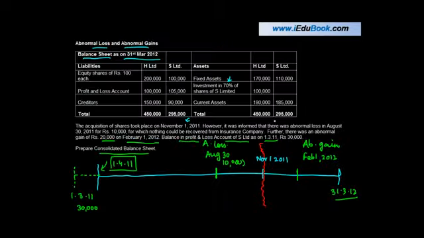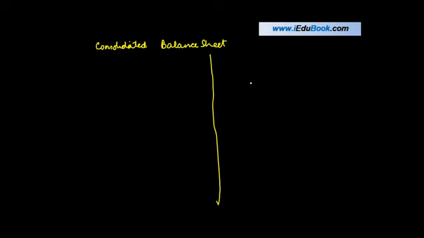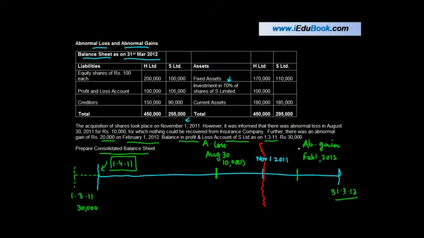So consolidated balance sheet, right? So fixed assets 170 and 110. So we have assets, non-current assets, under which we will have fixed assets. How much? 170 plus 110.